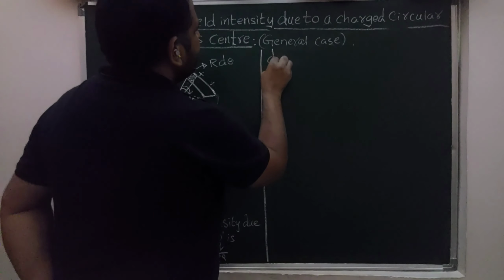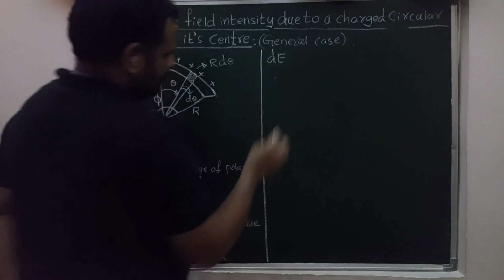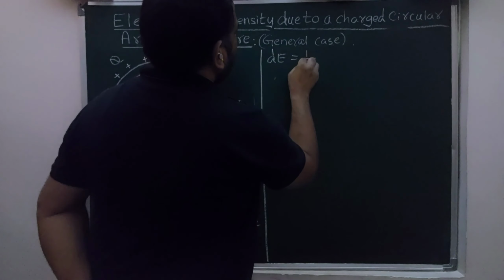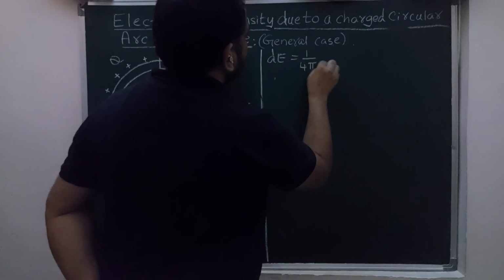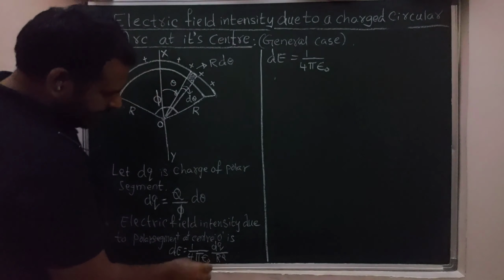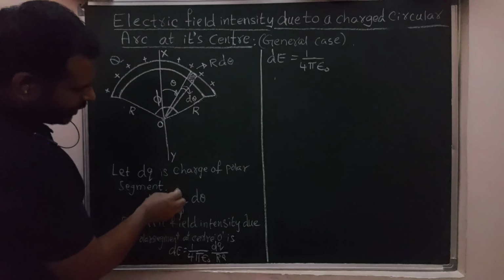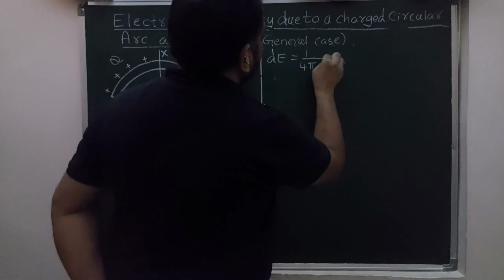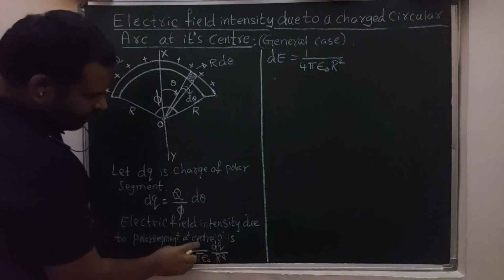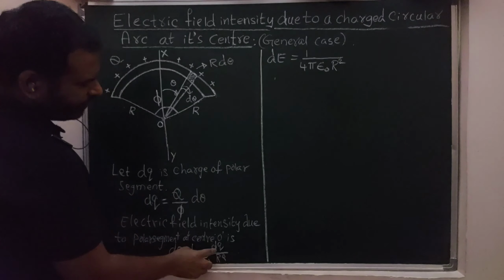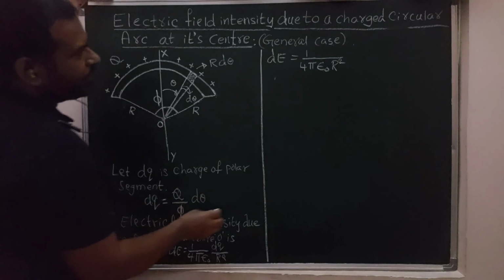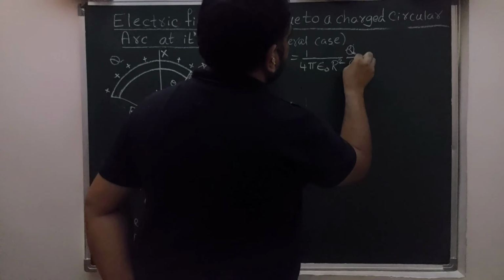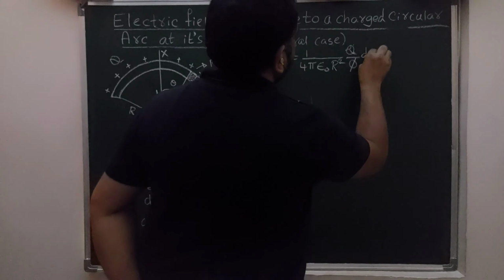So now we can write dE, that is not d into E. dE is equal to 1 by 4 pi epsilon naught, and in place of dq we write Q by phi into d theta, all over r square.